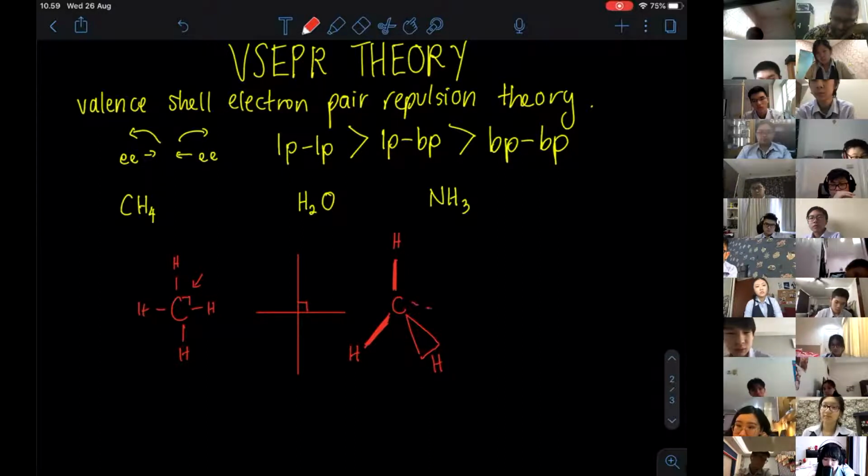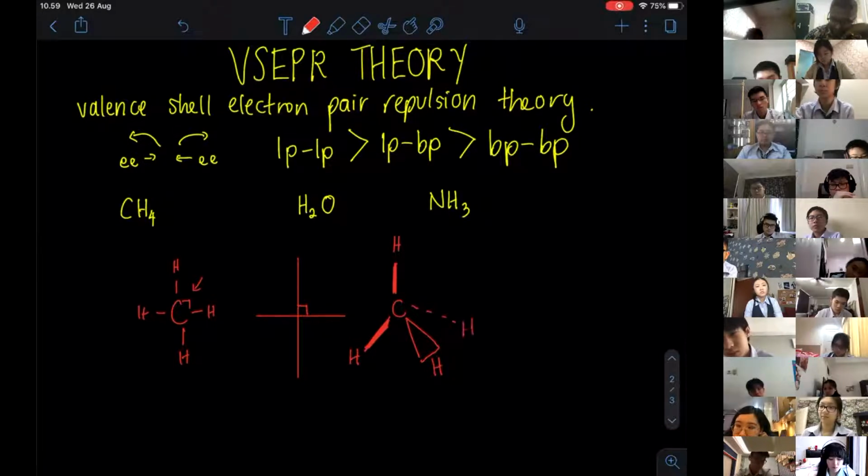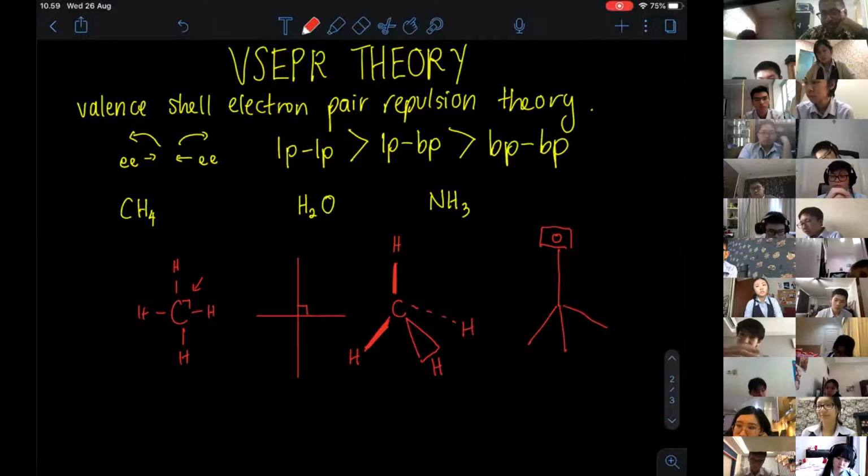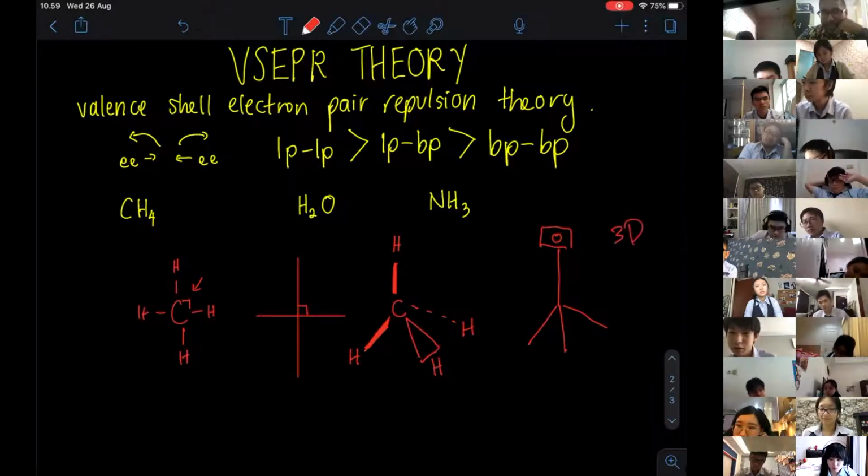And this dotted line, just imagine it going behind the screen. To make it simple, it's similar to the tripod stand that you use for a camera. So it's a 3D structure.